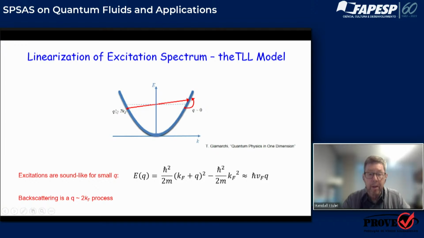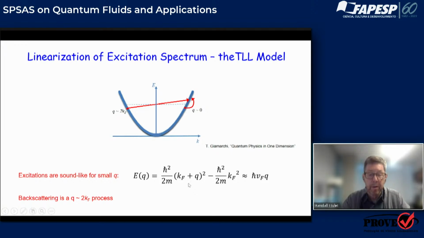Likewise, you could have momenta that transfer 2 kF, given by this line that goes from one Fermi point to the other and imparts a net momentum of Q. So excitations are sound-like for small q. We can take the quadratic dispersion and linearize it.